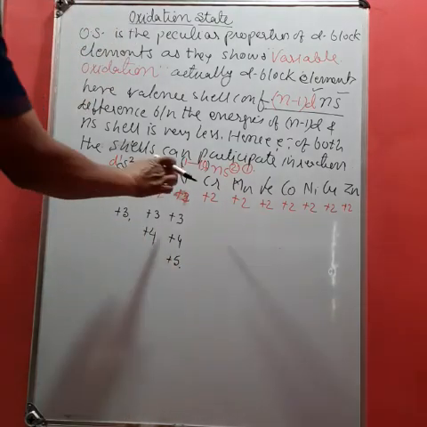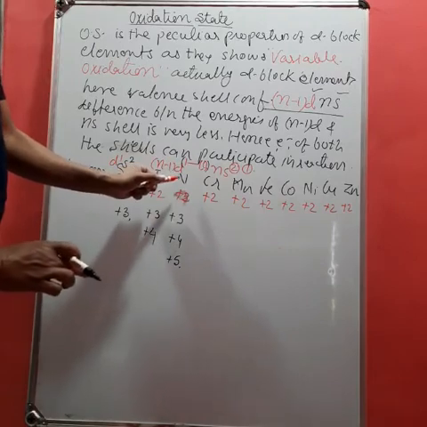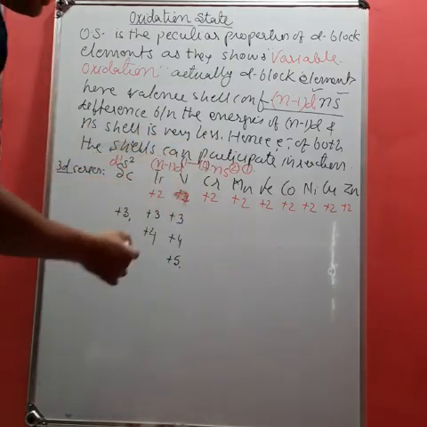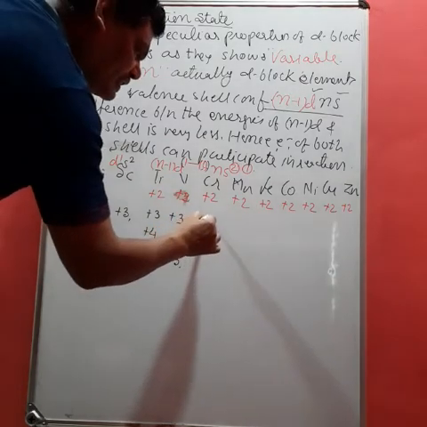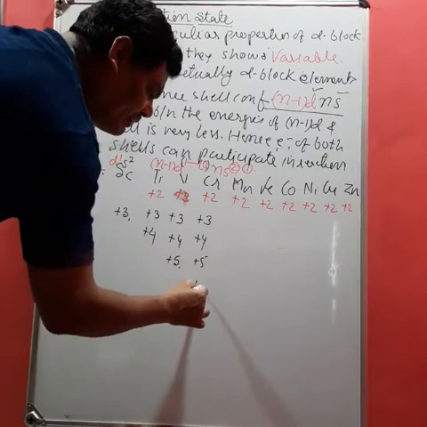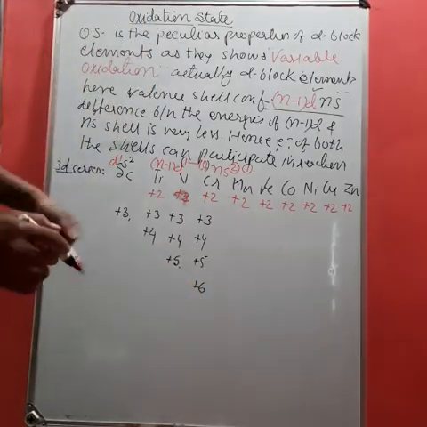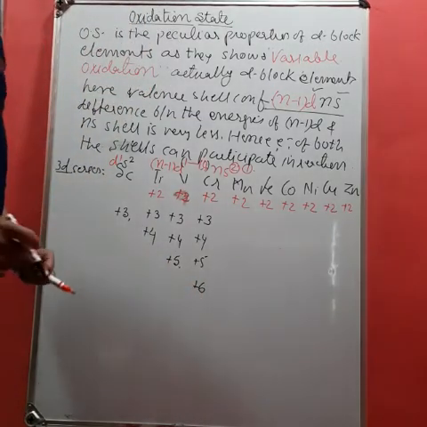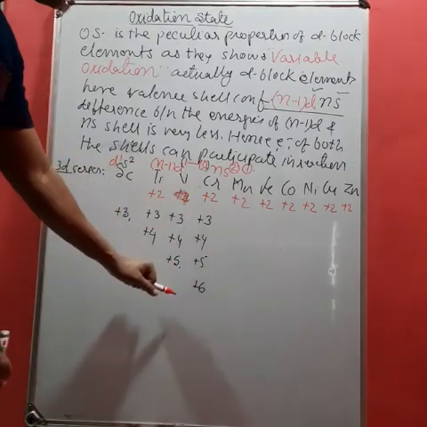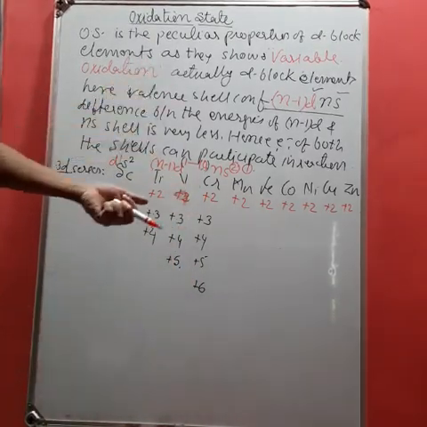It is because it has 3d3 electrons. So 3 plus 2 is equal to 5. The chromium can show +3, +4, +5, and even +6, like K2Cr2O7, because the d orbital has 5 electrons and 1 electron is in the s orbital.